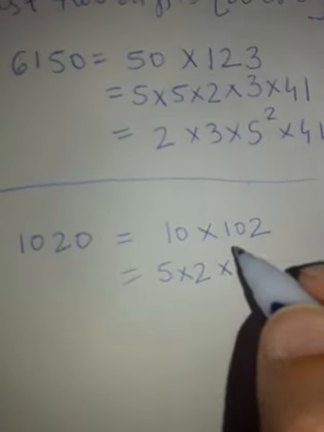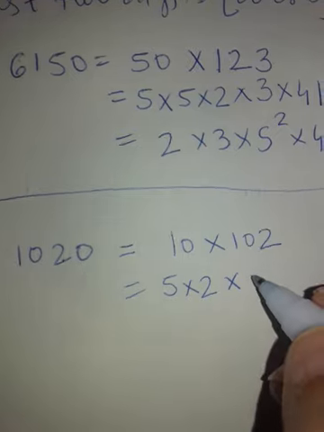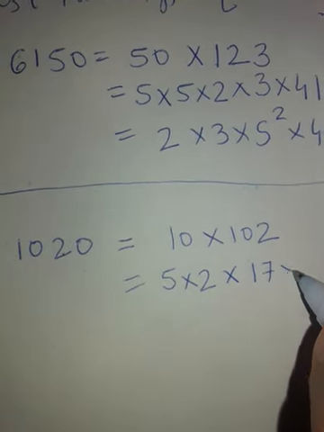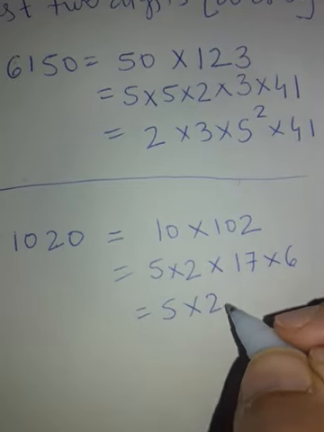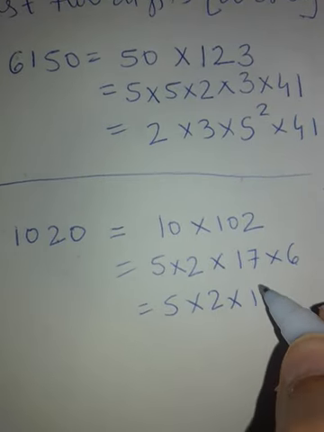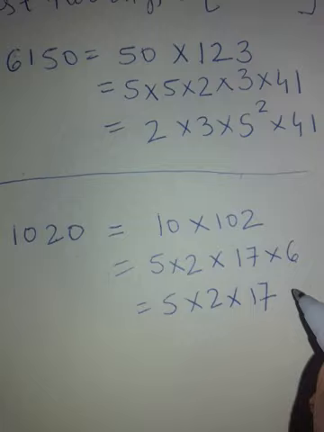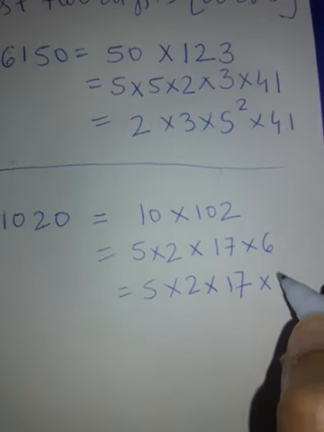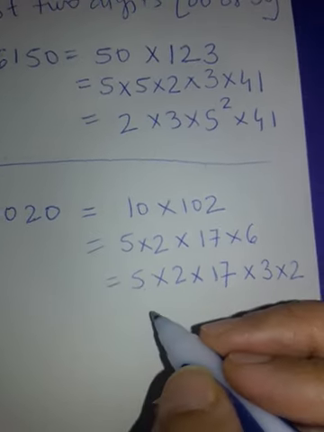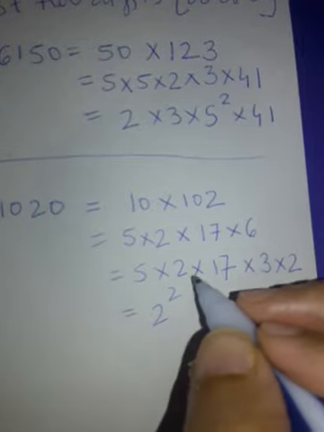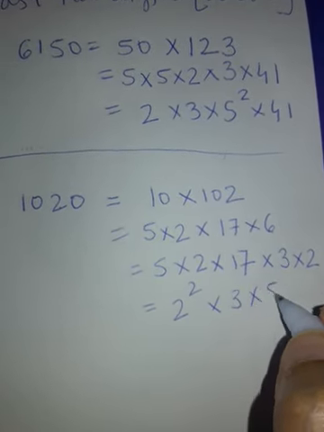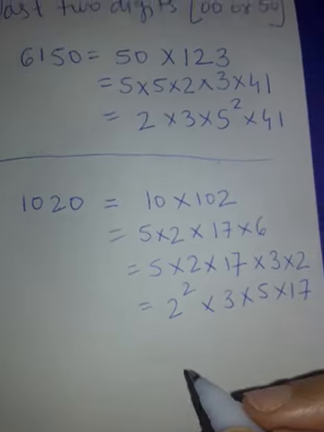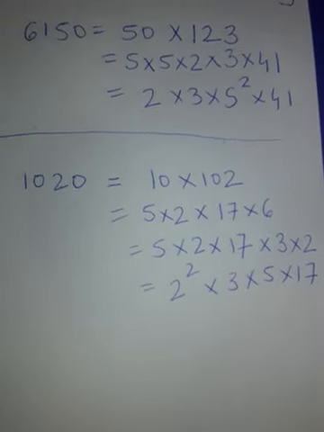Now when I look at 102, since I know the tables, I immediately come to know it is 17 6s are 102. So see, by hearting table is so important. Again 17 is prime, so we have 3 prime numbers. But what is 6? 6 is 3 into 2. So we have our factors. This is 2 times, so 2 square into 3 into 5 into 17.